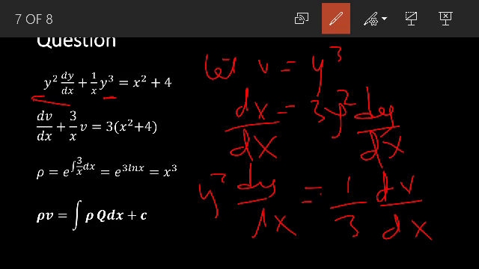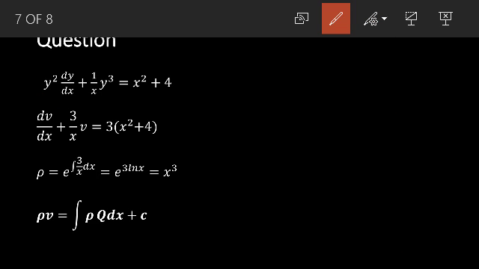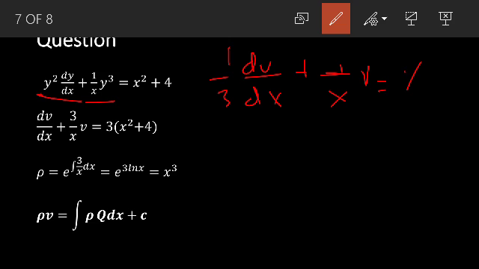If we substitute this into the original equation, y squared dy/dx is now 1 over 3 dv/dx, then plus 1 over x times v, since y cubed is v, equal to x squared plus 4.